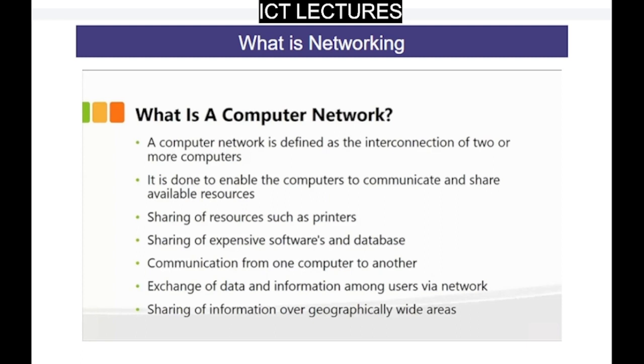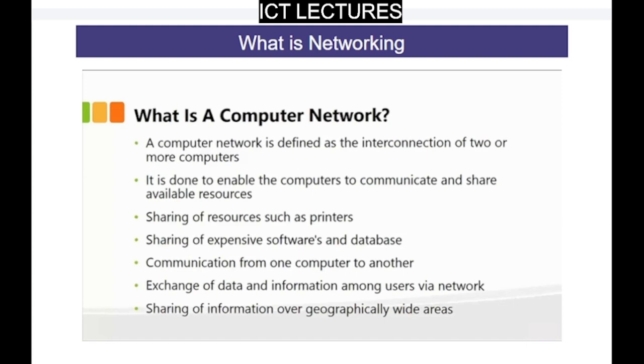Sharing of information over geographically wide areas. It doesn't really matter where the person is, whether the person resides in New York or San Francisco, from one city to another city, or even from one country to another country. So all of these definitions essentially make up what we call today a computer network.